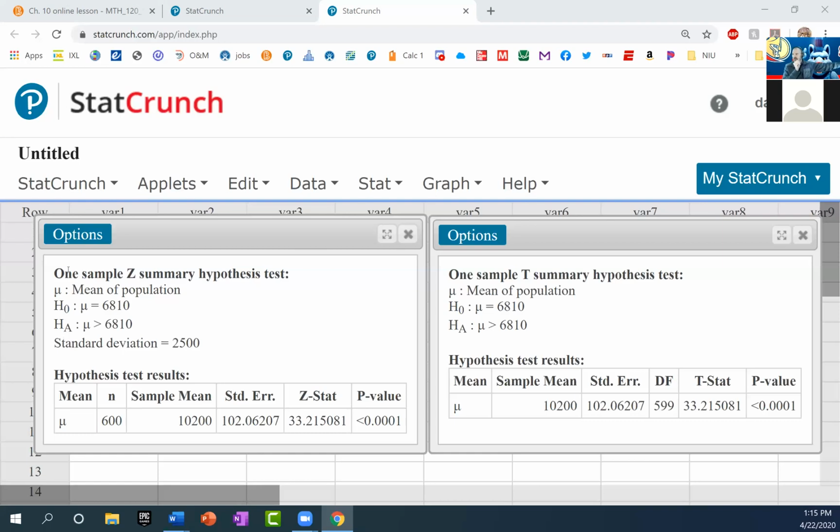It's 33 standard deviations away. It's a Z of 33, or a t. It's super, super high. And so that is really unlikely to happen randomly. So we would say, yep, our mean is statistically higher than the national average.